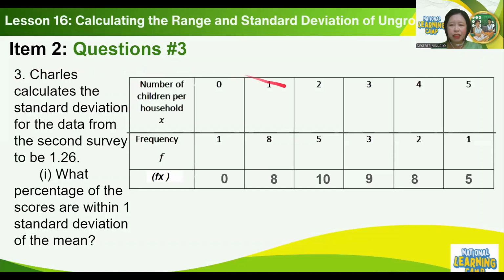For item 2, question number 3, you will use again this table. Charles calculates the standard deviation for the data from the second survey to be 1.26. So the question: what percentage of the scores are within 1 standard deviation of the mean?